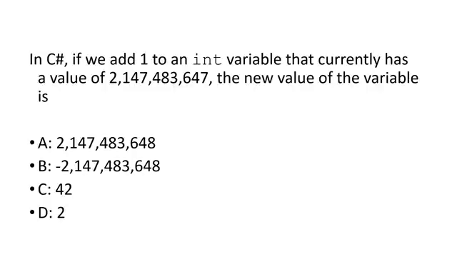This next one is a little more challenging, so go ahead and look at this question, pause the video, come up with your answer, and then unpause the video when you're ready. The answer to this one is probably counterintuitive to you, because the number we start with is the maximum possible integer we can represent with 32 bits.